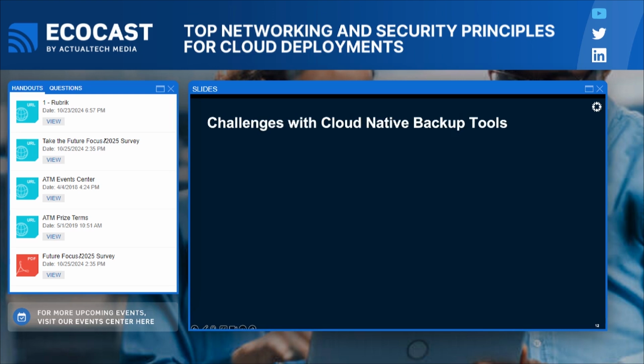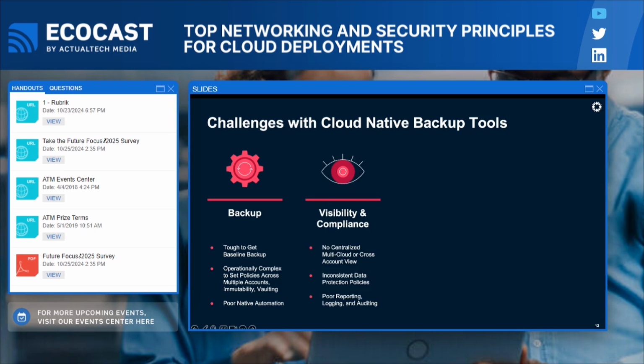Even with cloud native backup tools, it's going to be challenging to get a baseline copy of a backup across all of your services. It's operationally quite complex, and especially when it comes to things like visibility, compliance, reporting, that's going to be really hard to implement across cloud.